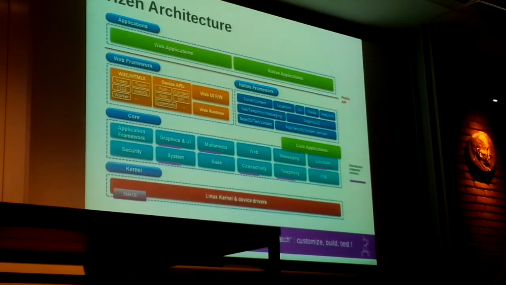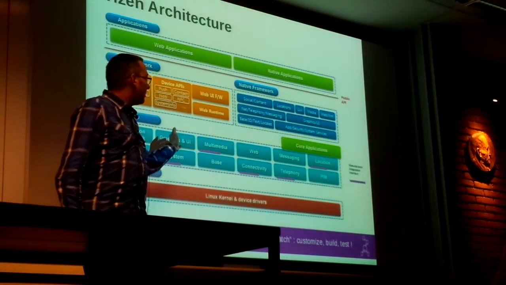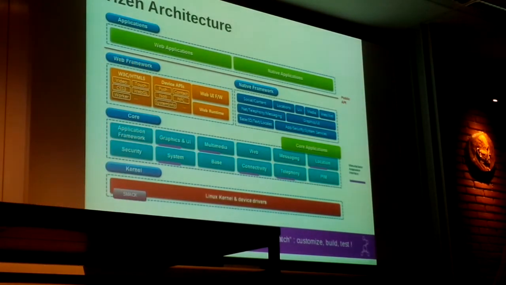The Tizen architecture, I won't say again what has been done, but I wanted just to note that the purple zones you can see here are some kind of components where you can act, you can modify, and you can customize things.